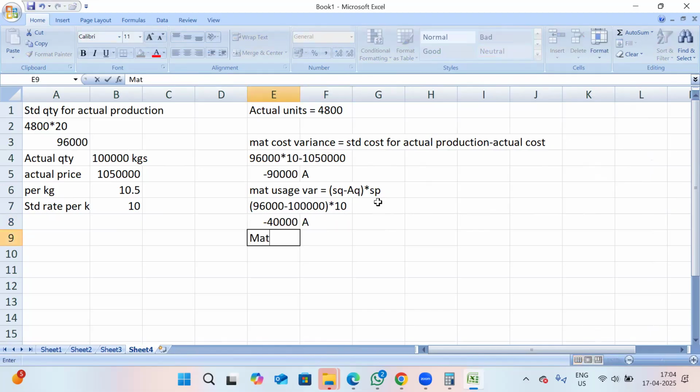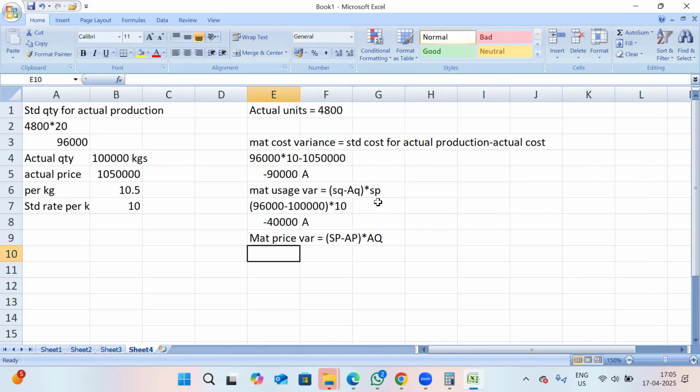Then comes material price variance. The difference should be between price: standard price minus actual price multiplied by your actual quantity. The only formula which is multiplied by actual quantity is your price variance.